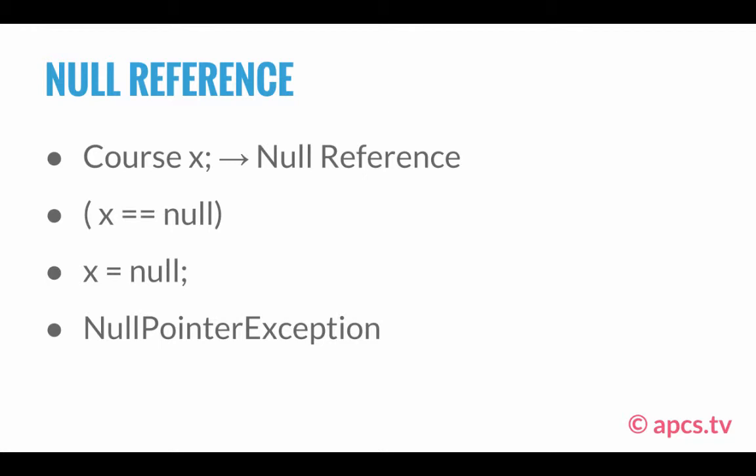And then you may be wondering what the value of x is at that point. At that point, the value of x is null. So basically 0, null. And a way you can check if an object is null is you can write x, or whatever the object's name is, == null. So that's a conditional, and it will return true if it is null and false if it's not.